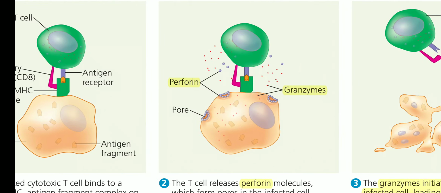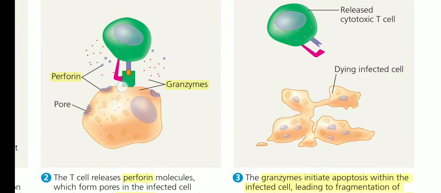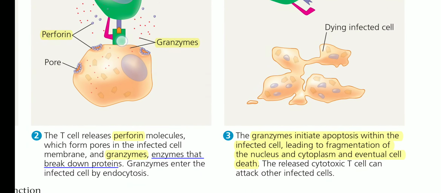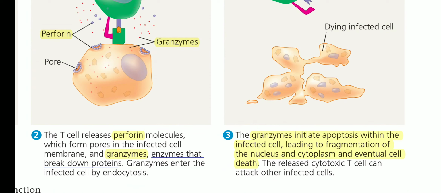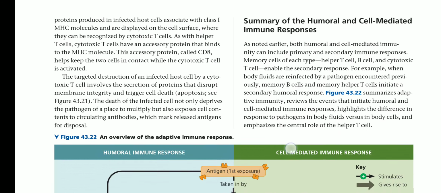Those granzyme and perforin cause pore formation in the cell membrane of your infected cells, and granzyme destroys those cells and initiates apoptosis within the infected cells, leading to fragmentation of the nucleus, cytoplasm, and eventually the cell dies. So that's the importance of the cytotoxic T cells.